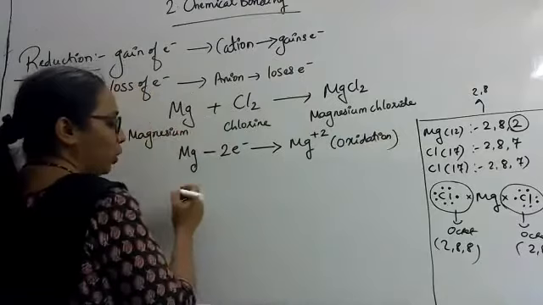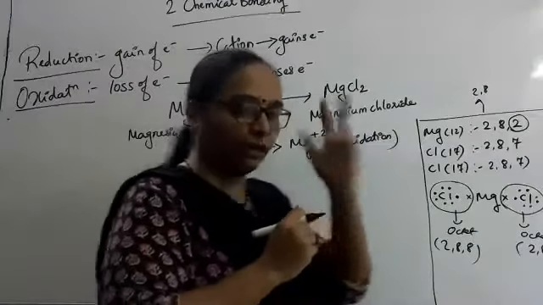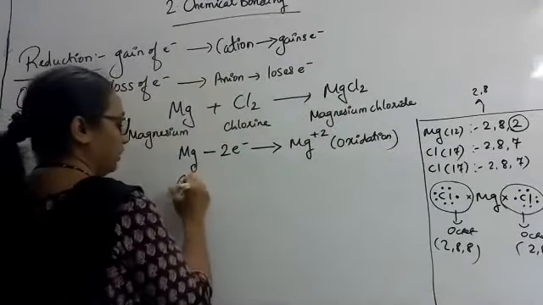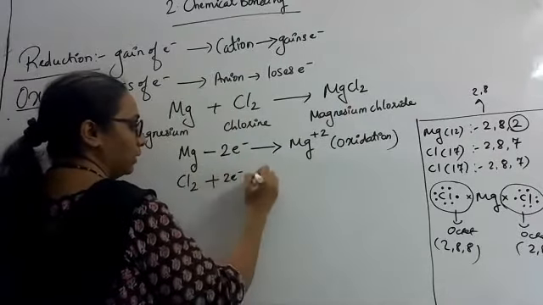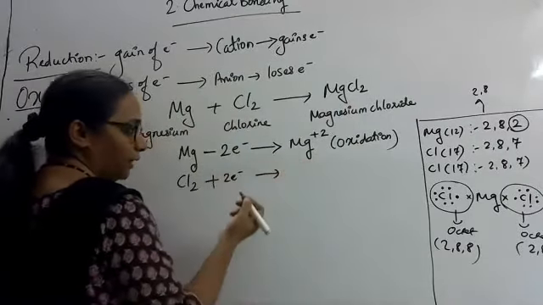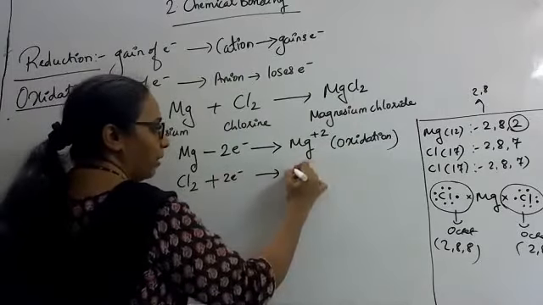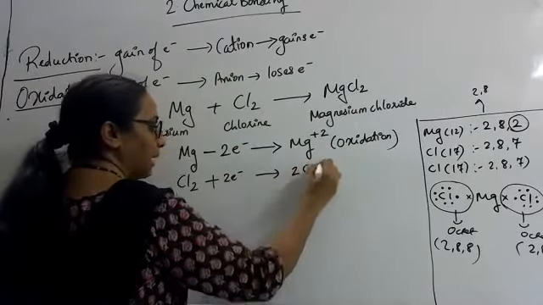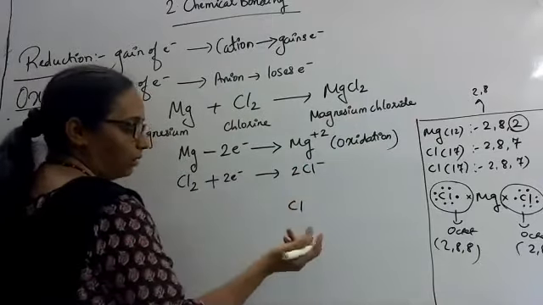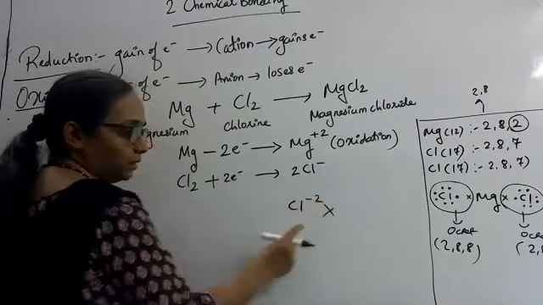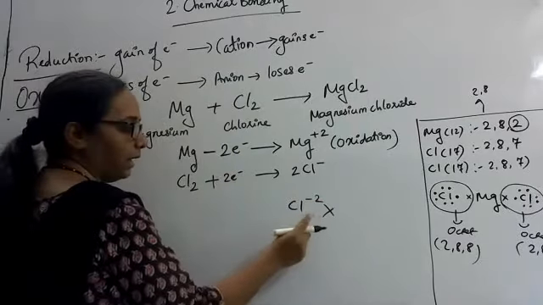And chlorine. How many chlorine atoms are we taking? 2. So Cl2, addition of 2 electrons. We have to write it in the form of an ion. The ion we always write as 2Cl minus. There are rules for halogens. You can't write it like this; it's incorrect according to the rules.